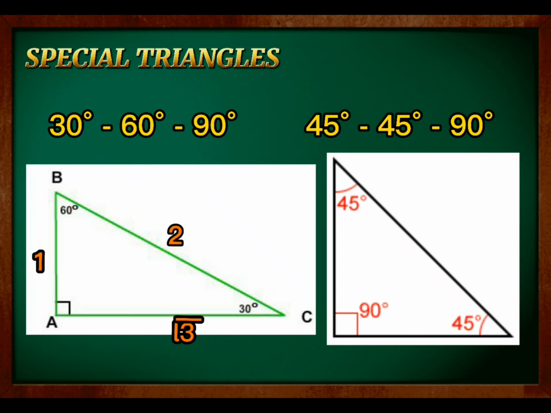In a 45, 45, 90, the sides are 2 for the hypotenuse and 1 for the other two sides. Now let us prove how they come up with these measures.